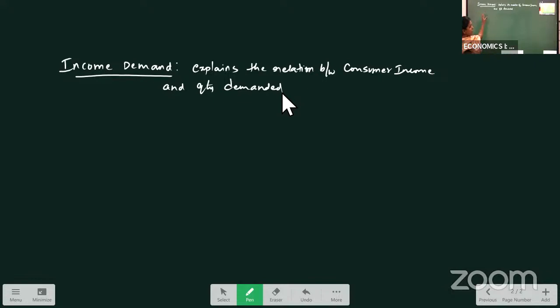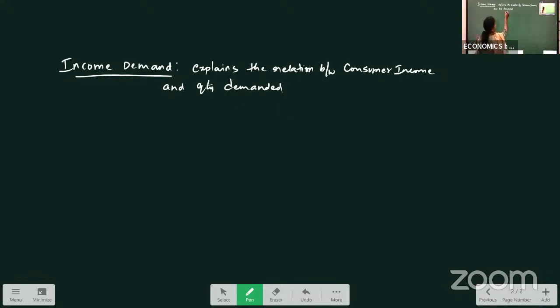So how will we write it? See, this income demand and cross demand that I'm explaining now are important for your 2 marks questions. That's the reason I'm explaining this concept in detail here. Income demand explains the relation between consumer income and quantity demanded.